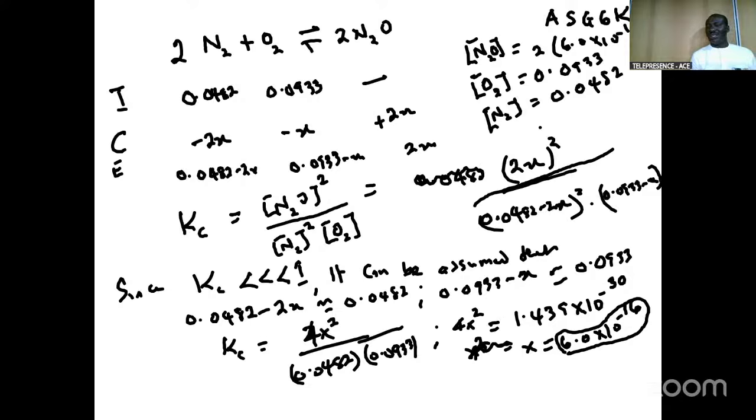So with this information at the back of our mind, we can now say for each of them, for N2O, the partial pressure for N2O is equal to, don't forget this is CRT. So you know the concentration, so you can know the partial pressure.